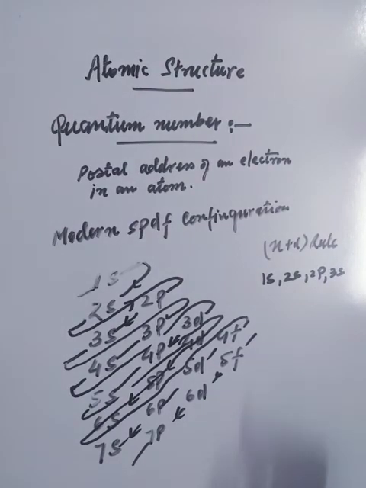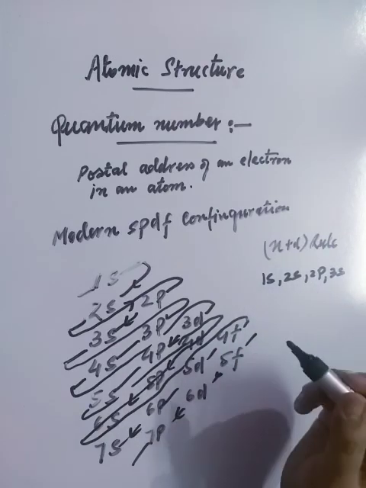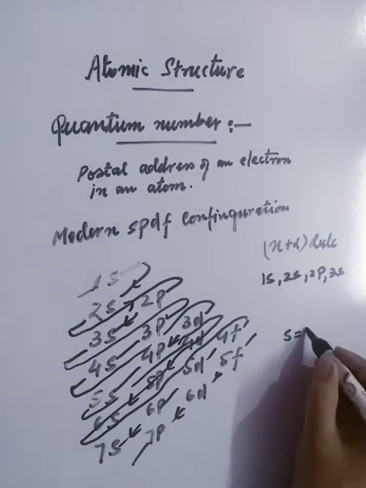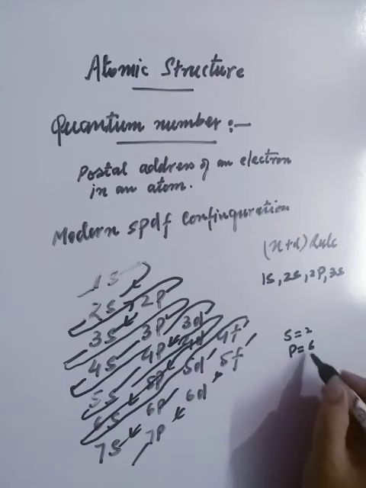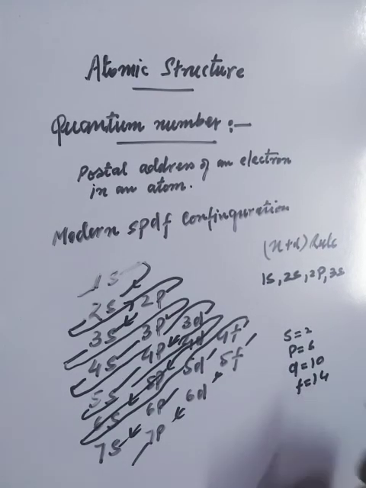Is it okay? So now, according to the n plus l value we are going to fill the electrons, and we know that s will have 2 electrons, p will have 6 electrons, d will have a maximum of 10 electrons, and f will have a maximum of 14 electrons. Suppose we want to write the electronic configuration of scandium, which is 21.